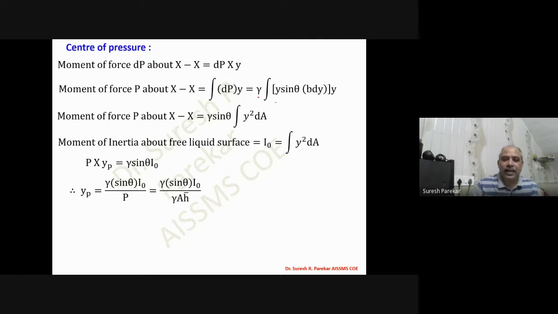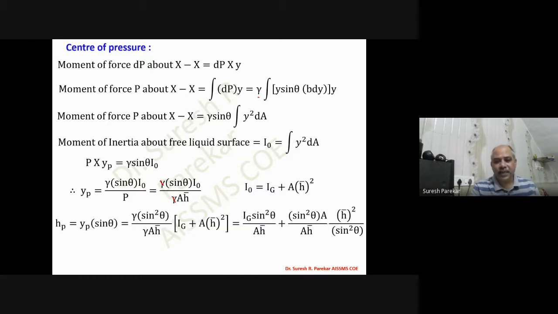Then we will substitute the value of P. This gamma again gets cancelled, and we are going to get I naught sine theta divided by A h bar. And then I naught we get IG plus A h bar square, and substituting this value we have now hp equal to yp sine theta.